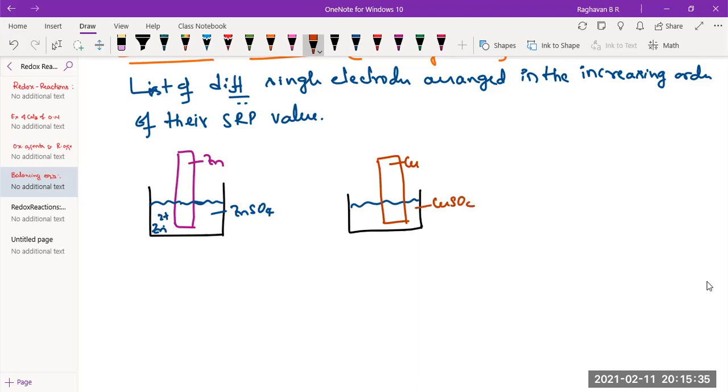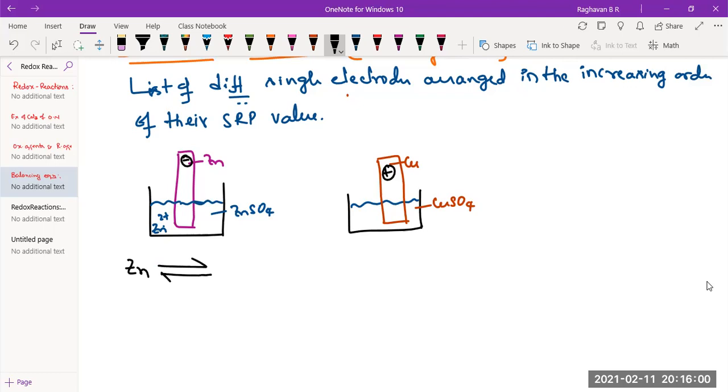What is the speciality about these single electrodes? Whenever a metal rod is in contact with the solution of its own ions, there develops a potential. Charge will be developed suddenly. What charge will be developed in zinc? Negative. Copper? Positive. How come? See, the simple reason is, whenever a metal rod is in contact with the solution of its own ions, oxidation and reduction tendency will be seen.